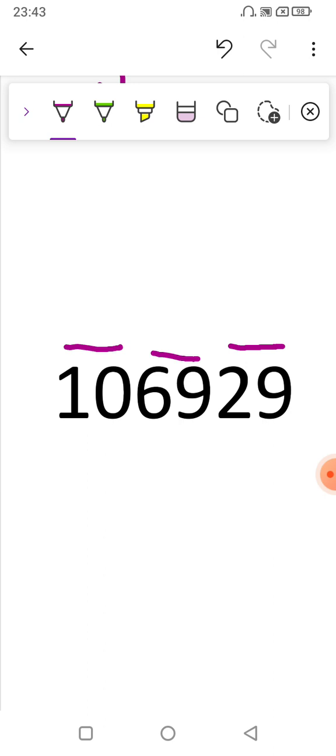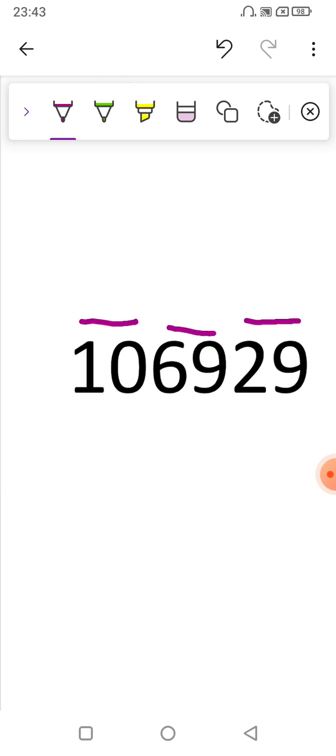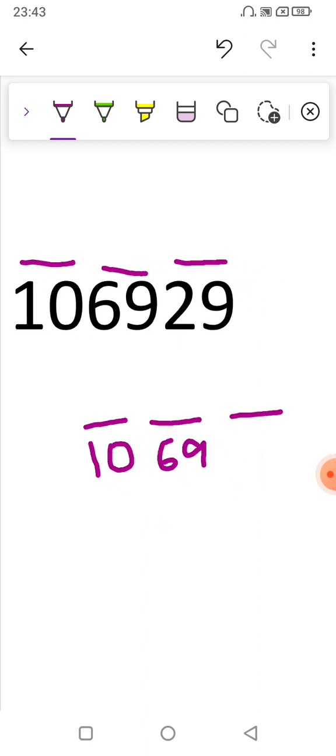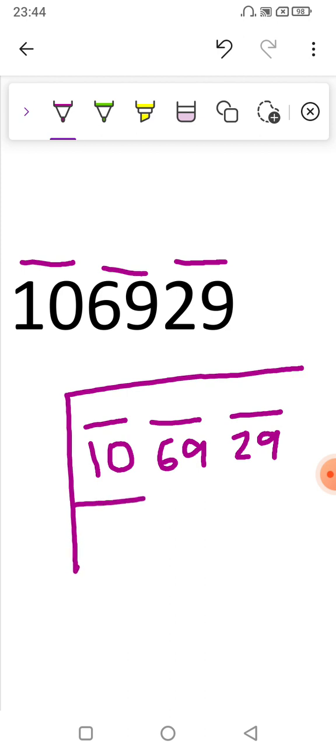So we've got 3 pairs. So we're going to write this in pairs. We'll keep slightly more space on this side. 10 the first pair, 69 the second pair, and 29 the final, third pair. Once we've written it, we're going to divide the number.